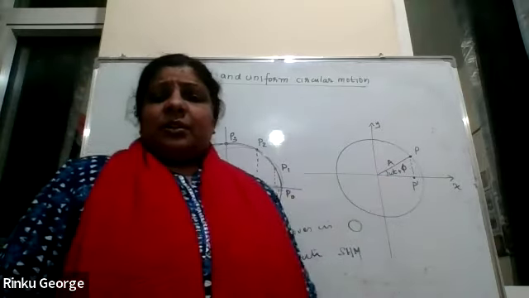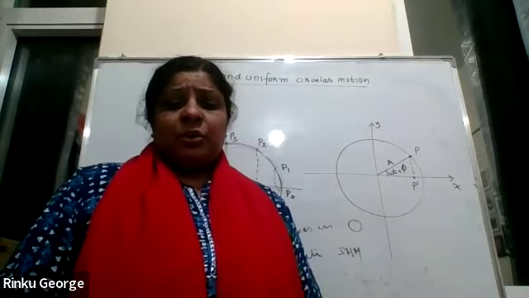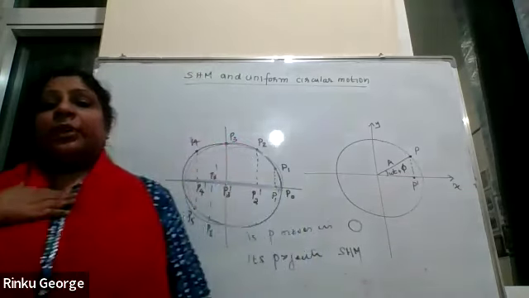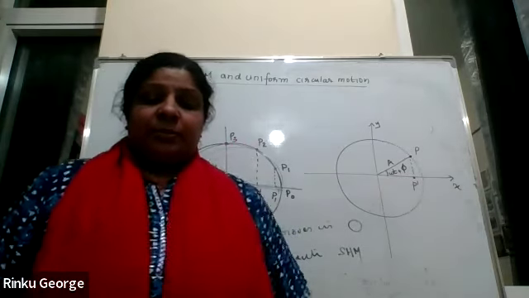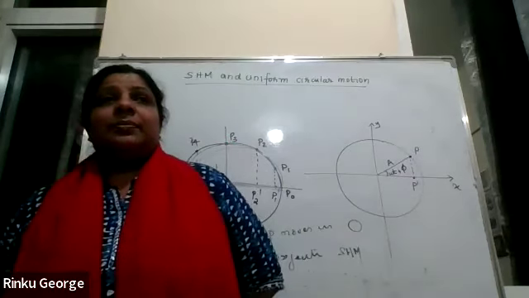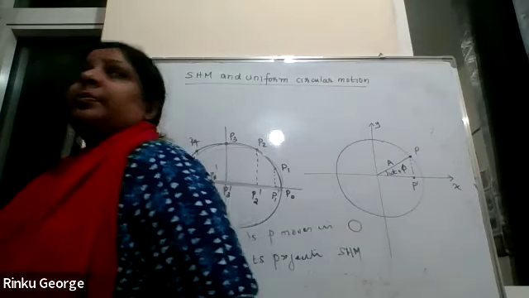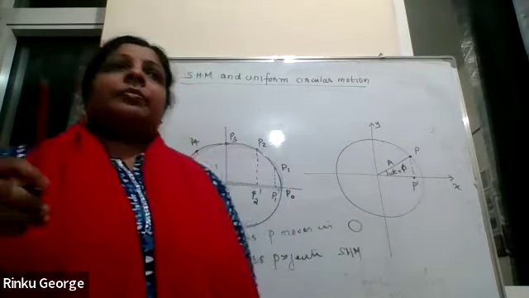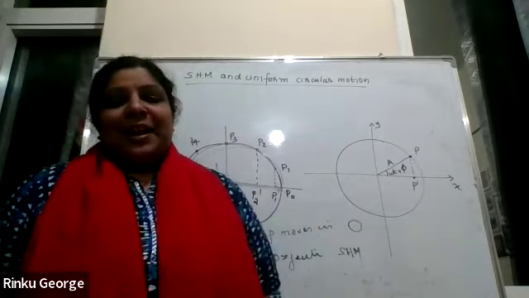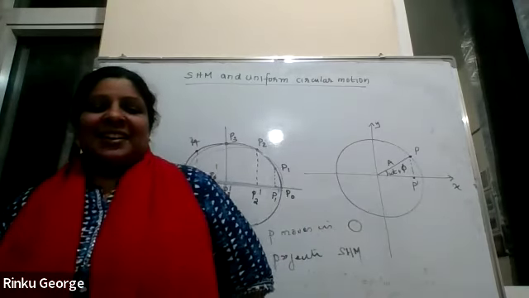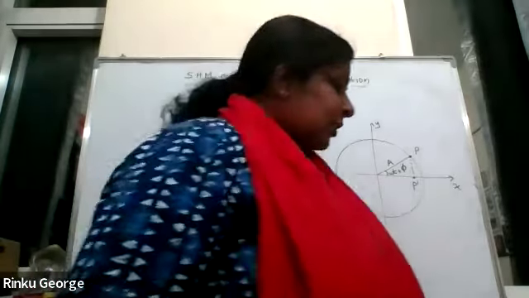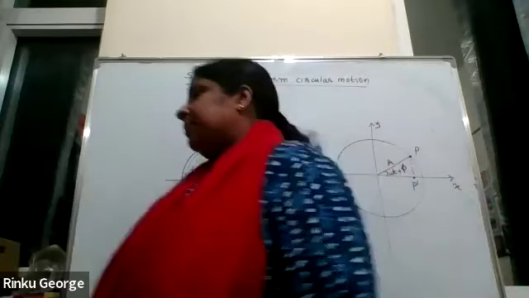This is enough. Therefore, for any object that moves in circular motion, its projection moves along the diameter in SHM.